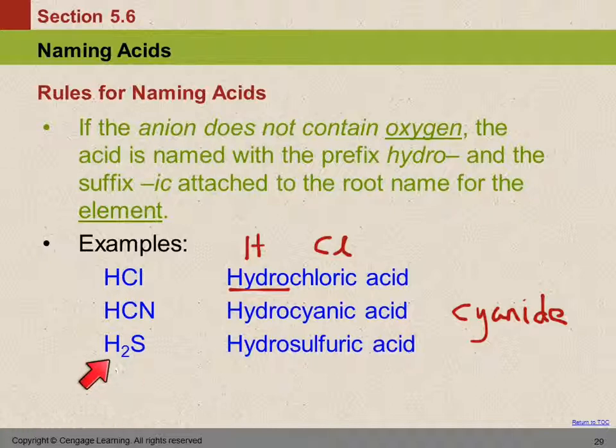This guy down here, H2S, hydrosulfuric acid. Now why does this one have a 2? And this one's got a 1, and this one's got a 1. Well, this is where it's helpful to think of acids as ionic, even though technically they aren't. What's the charge on a chloride ion? It's in group 7 in the periodic table, right?